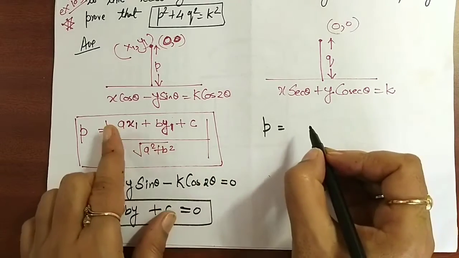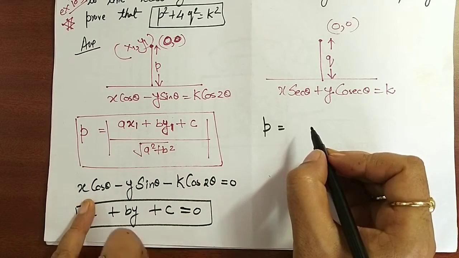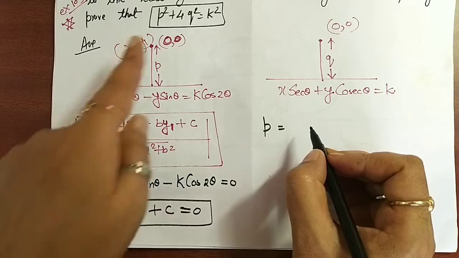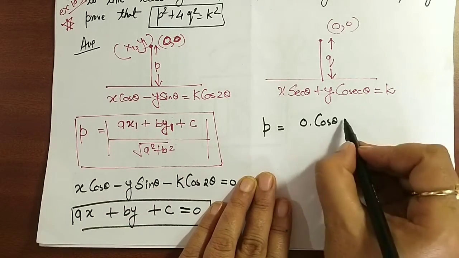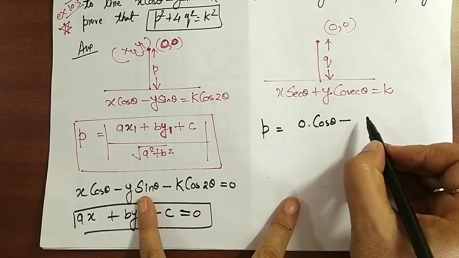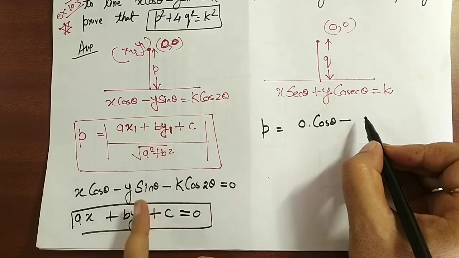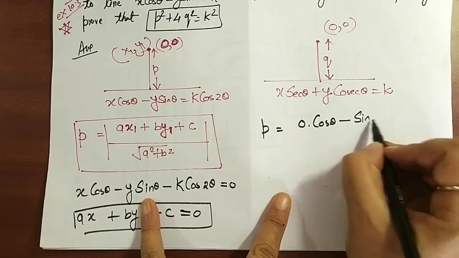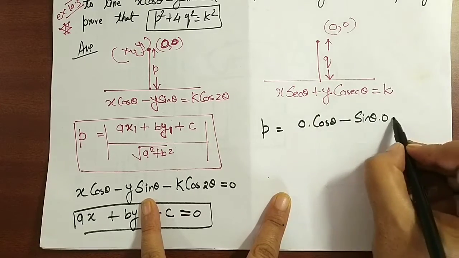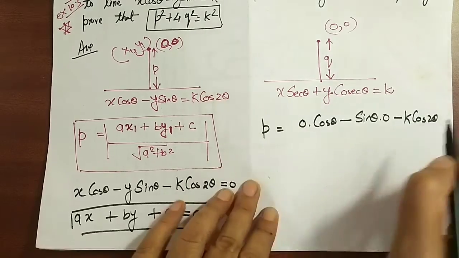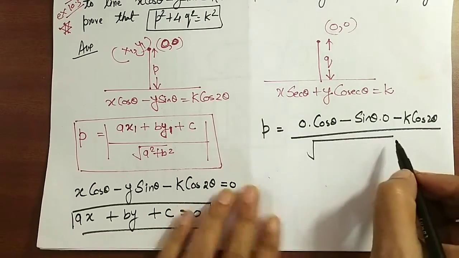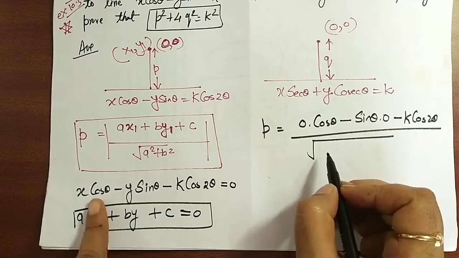So p will be ax1 plus by1 plus c for this equation, and instead of x and y I have to put 0. So it will be 0 into cos theta, minus sin theta into 0, minus k cos 2 theta, which is c, by root of a square plus b square, in mod. What are a and b?